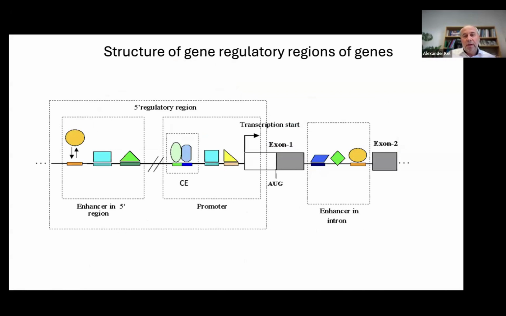Those regulatory regions are not only promoters, but also enhancer regions, which can be very far from the start of transcription, or can even be in introns, or in the regions between the genes. And those regions, enhancers in different places, as well as promoter regions, contain binding sites for transcription factors.